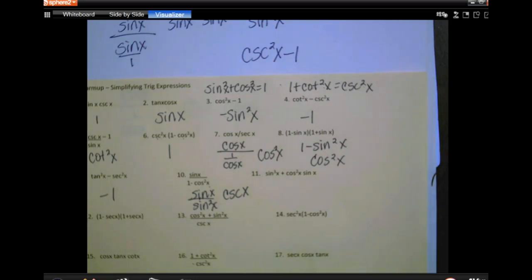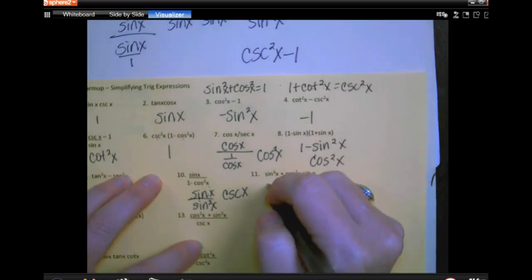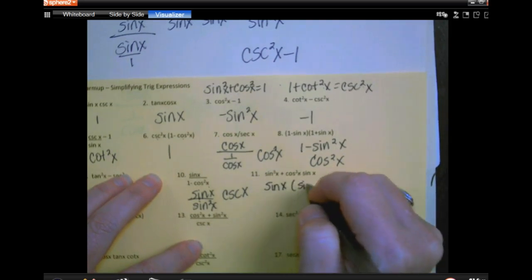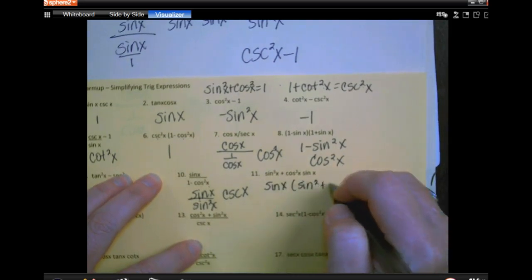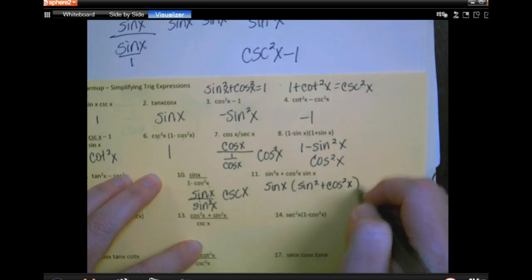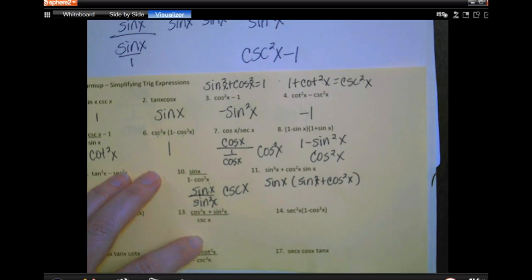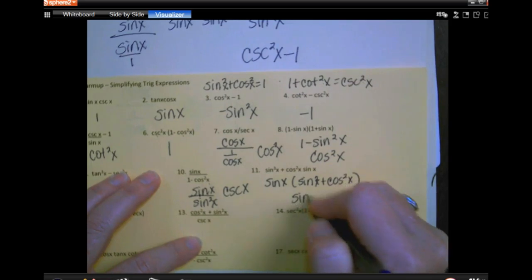So if this starts as a third, what are we going to do? We're going to factor out a sine. So if I factor out a sine, so I get sine squared plus cosine squared, and that's 1. So I just have sine of x.